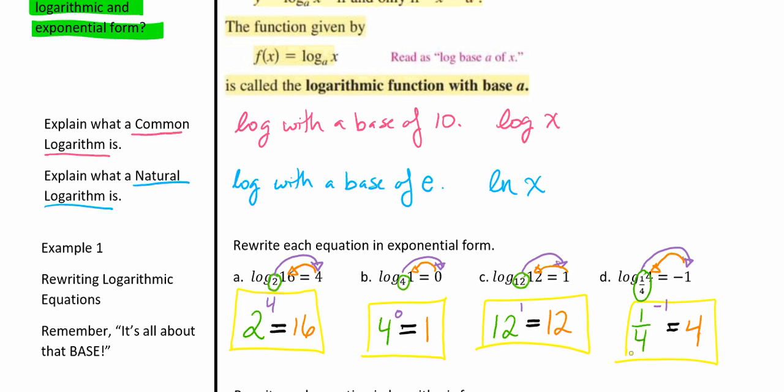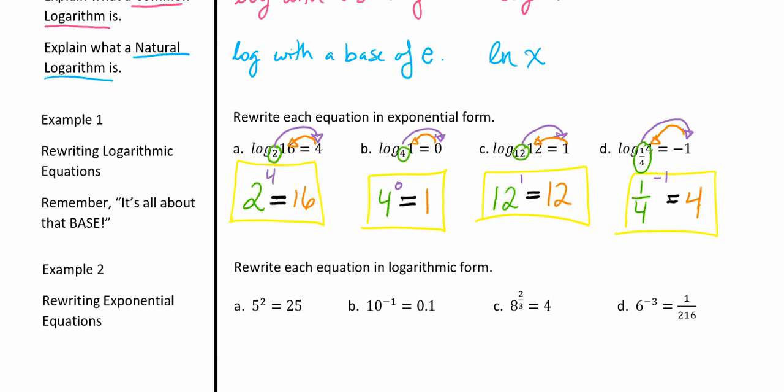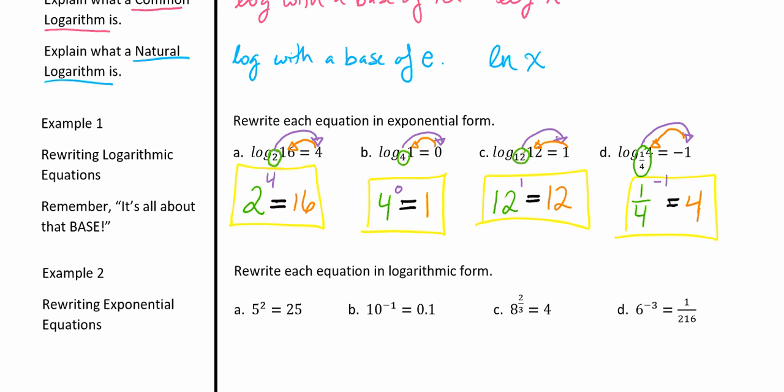Now, let's do another example where we rewrite each equation, but this time in logarithmic form. So we're going to undo it. Remember, it's all about that base, so we find our base, which is the 5, and now we undo what we did.